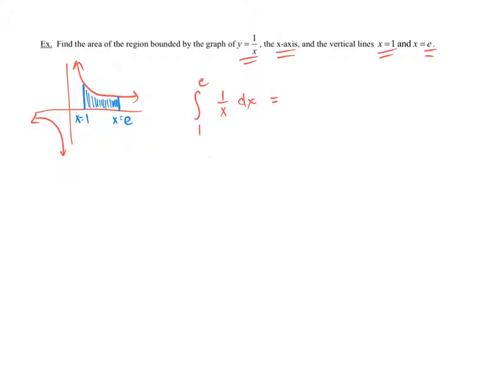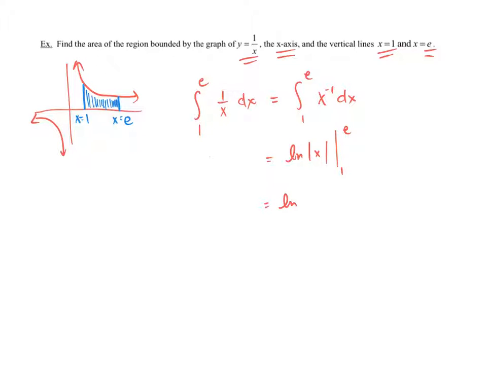The first thing that I need is an antiderivative. I remember that this is the same thing as x to the negative 1 dx. And remember, that cannot be bumped up and divided because you would end up dividing by 0, and that's not a good thing, obviously. So this is going to fit a different rule: natural log of the absolute value of x, evaluated from 1 to e.